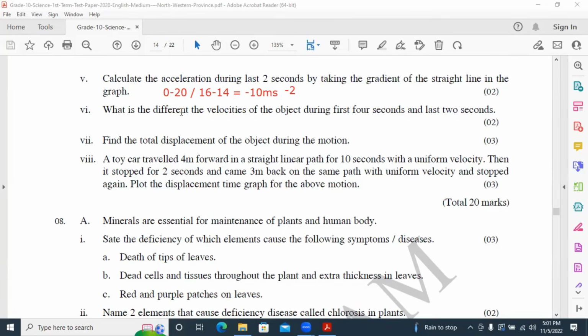What is the difference between the velocities of the object during the first 4 seconds and the last 2 seconds? During the first 4 seconds, the velocity increases.